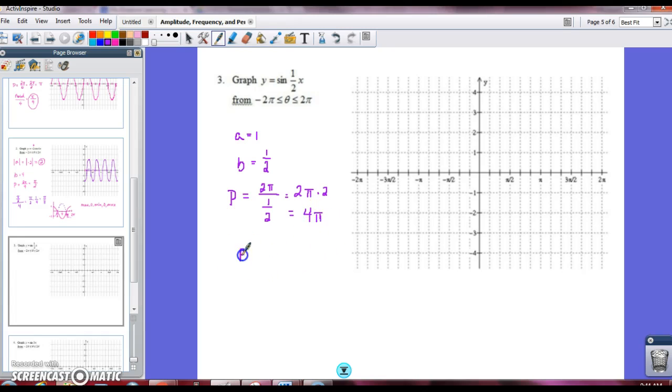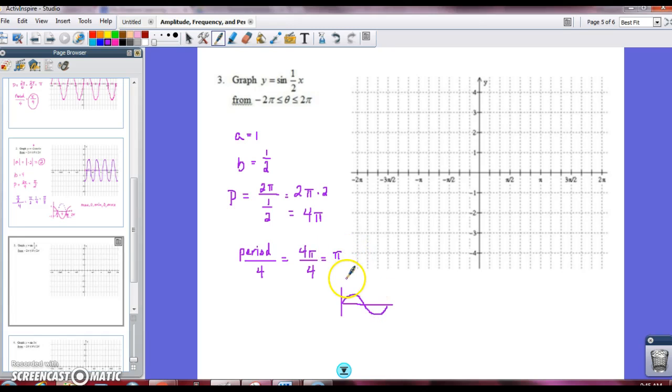Okay? If I do my period divided by 4, so 4 pi over 4, that gives me my key values at every pi radians. So again, think of your sine curve. Your sine curve does this: 0, max, 0, min, 0.